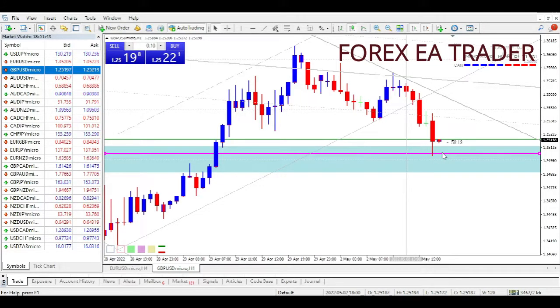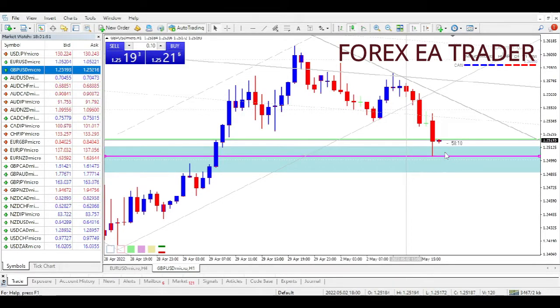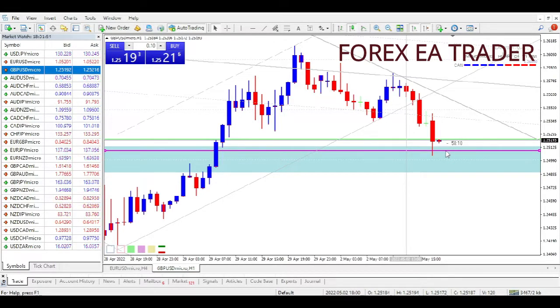If possible at all, what you want to do is to avoid trading news, because usually news time is when people experience slippage. Slippage is basically just your order getting filled at a worse than expected price level. You expected your order to be filled at this point, but the trade was actually activated here. Now you are some distance away from where you actually wanted, and you can easily lose money like that.